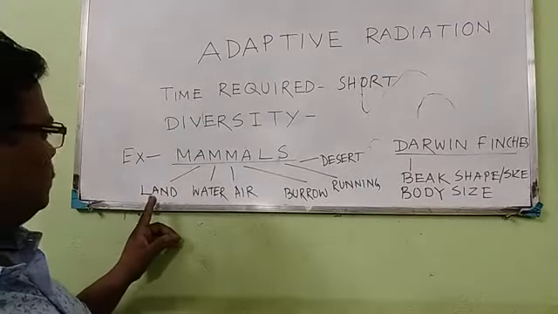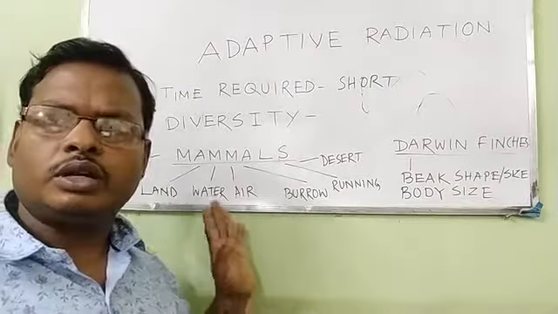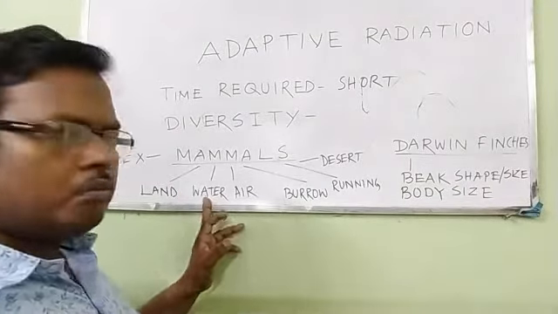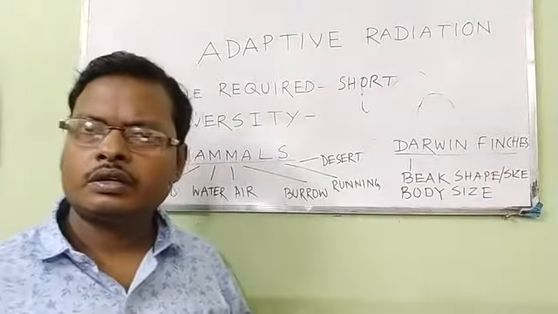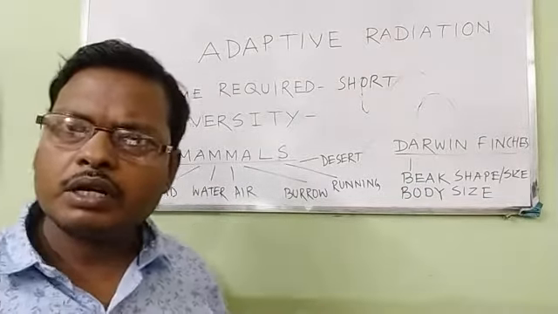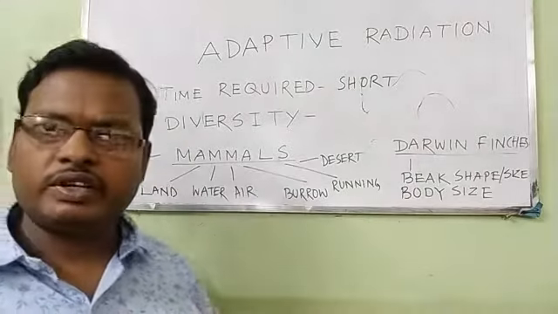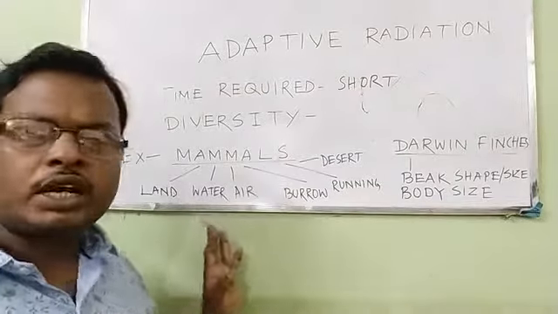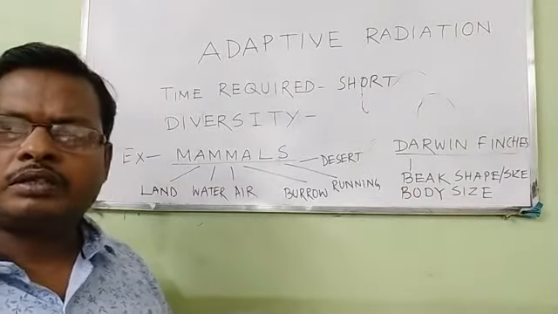Some mammals were adapted to live on land. Some mammals adapted to the aquatic environment: whales, dolphins, sea cow, seal. These are adapted to the aquatic environment.